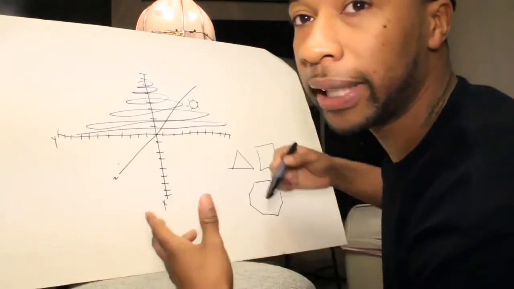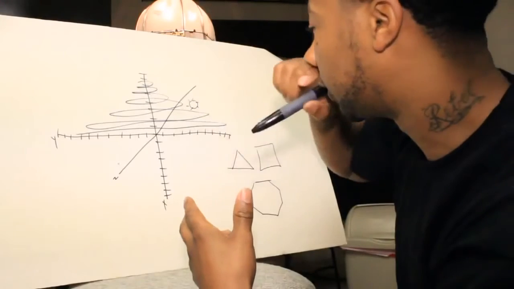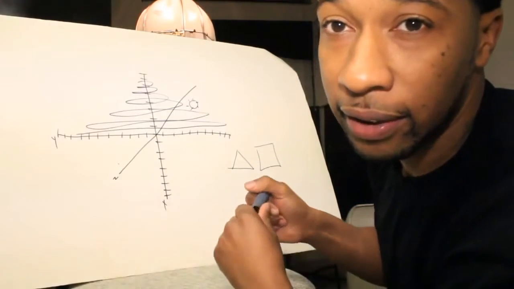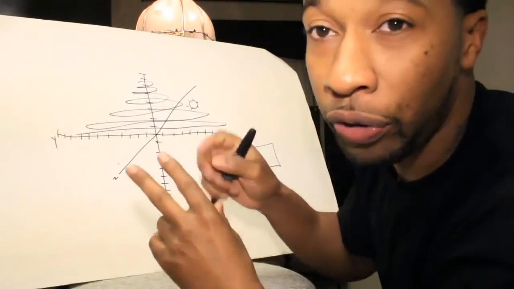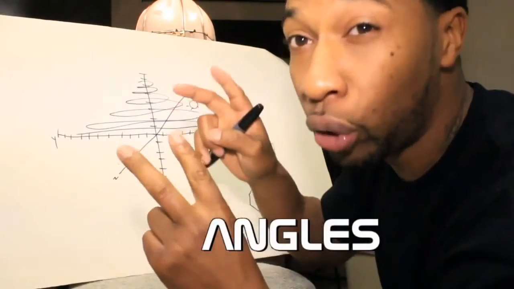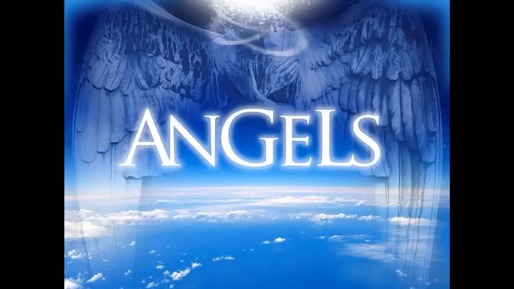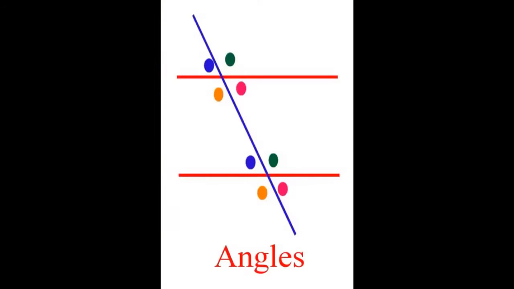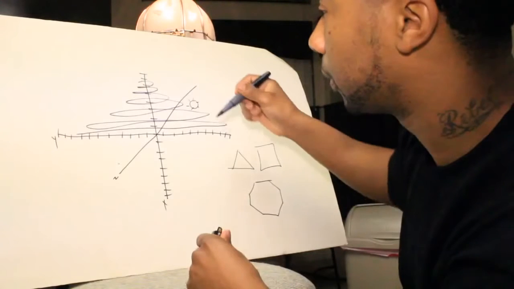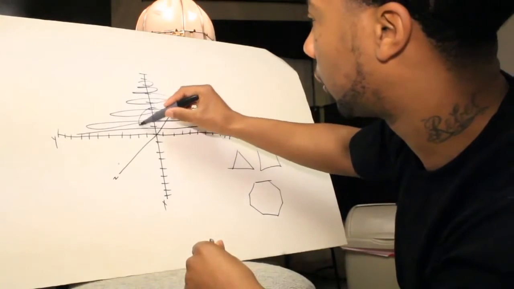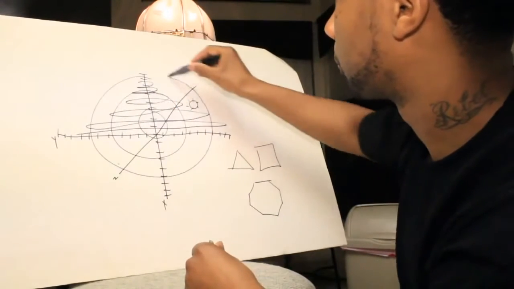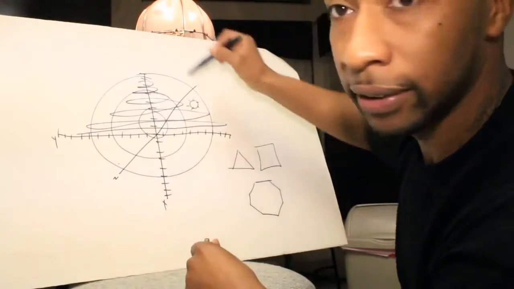The reason why I'm bringing the solar system into this diagram is to show you angles of light. Okay, and what they call the angels is really angles of light. So what happens is when there's different energies on different levels that exist, right?